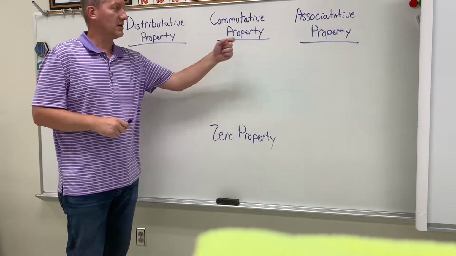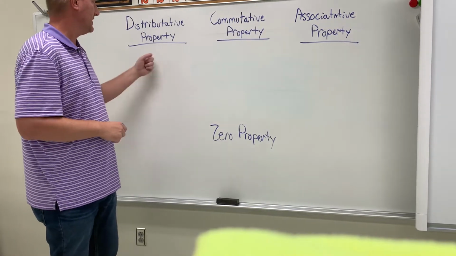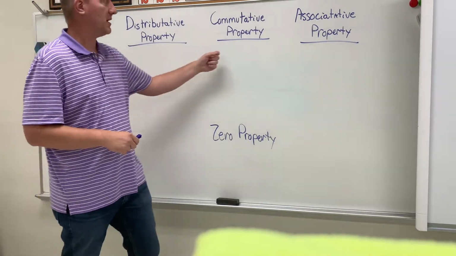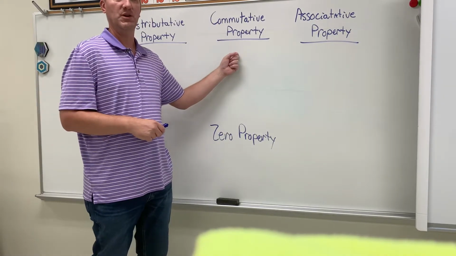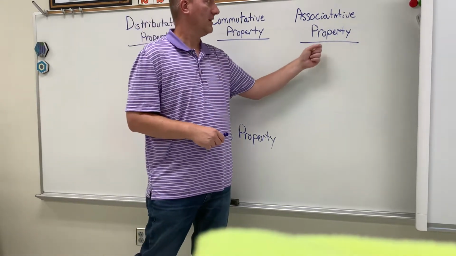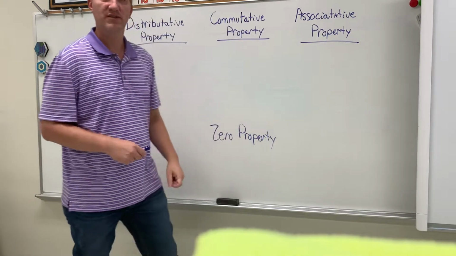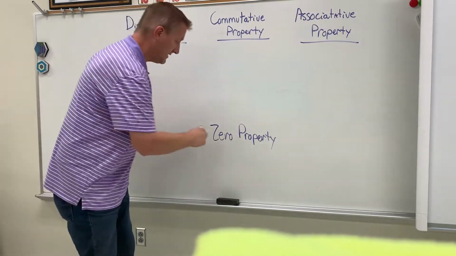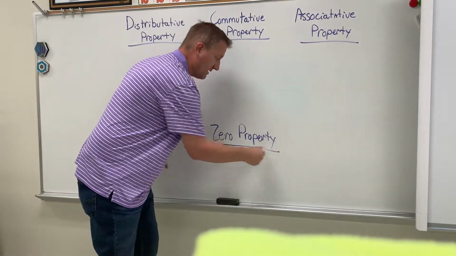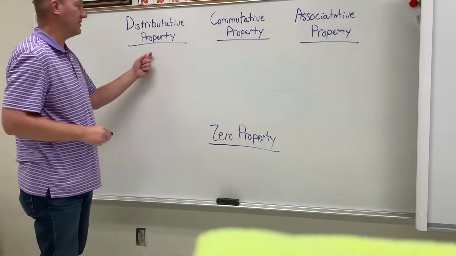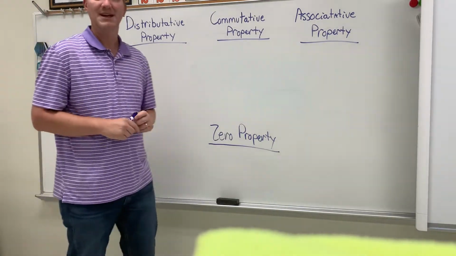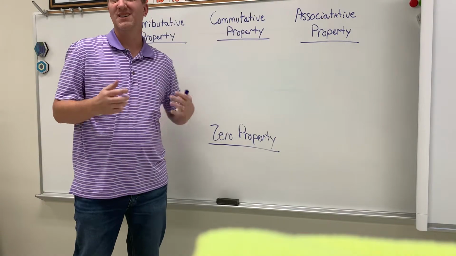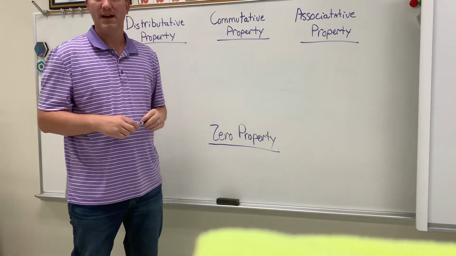And today we're going to talk about four properties. One is called the distributive property, one is called the commutative property, the next one is the associative property, and then the zero property. Okay, we're going to start off with the distributive property because this gets us into how we're going to multiply.